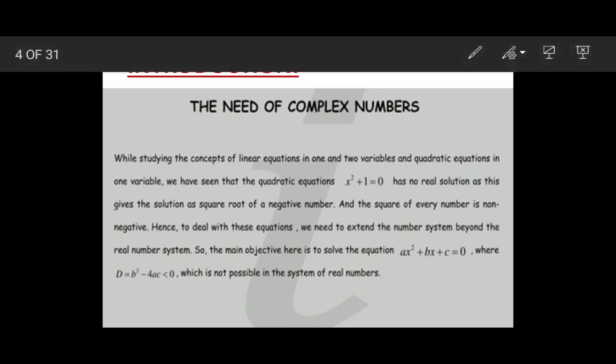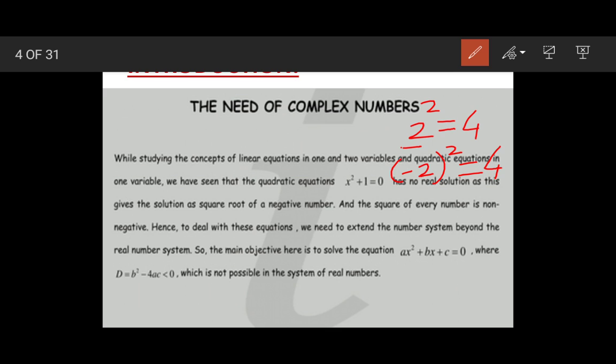So class, my dear students, we all know that when we square any number, we get a positive number, right? Whether the number is positive or negative. 2 square is 4, minus 2 square is also equal to 4.